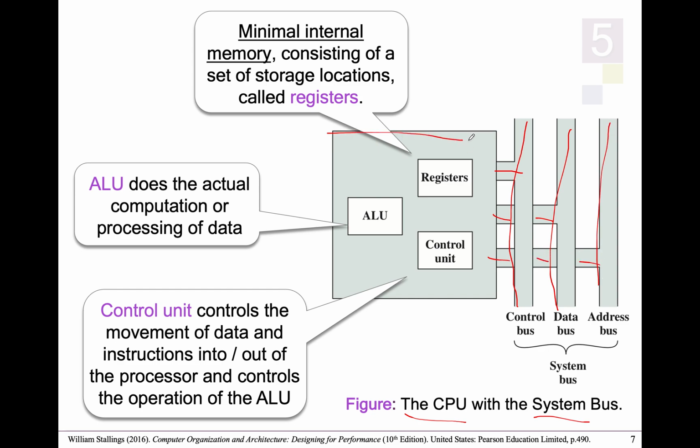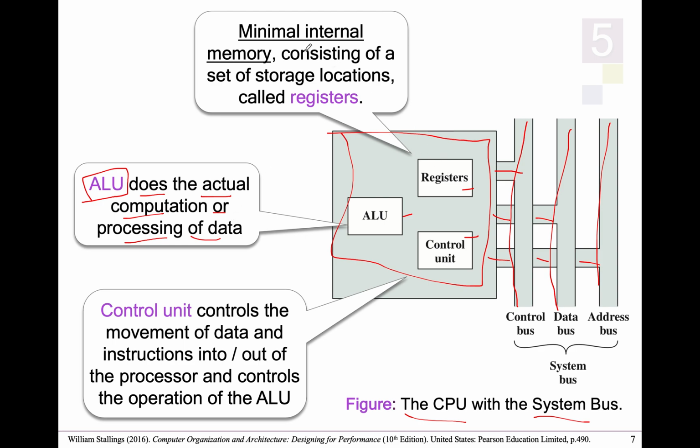All are connected to your CPU, and inside your CPU you have three main elements, which are your ALU, register, and control unit. So ALU, what is the main task, which is doing the actual computations or processing of data.